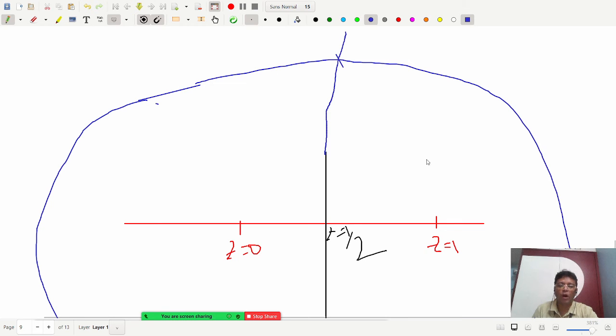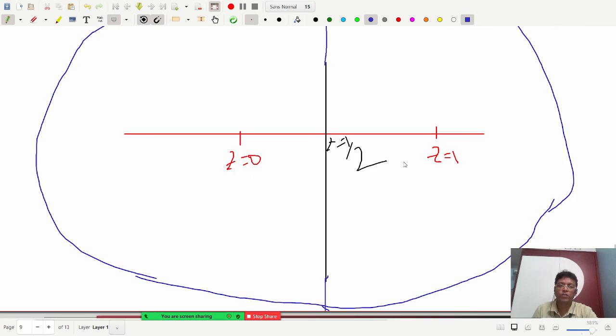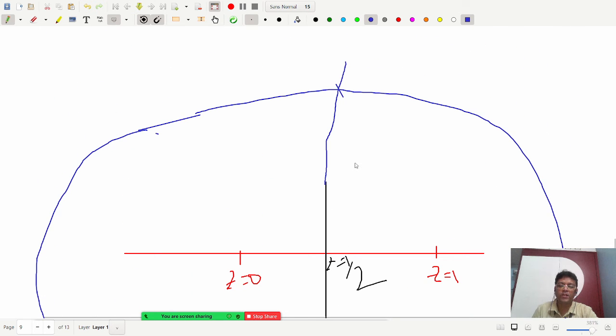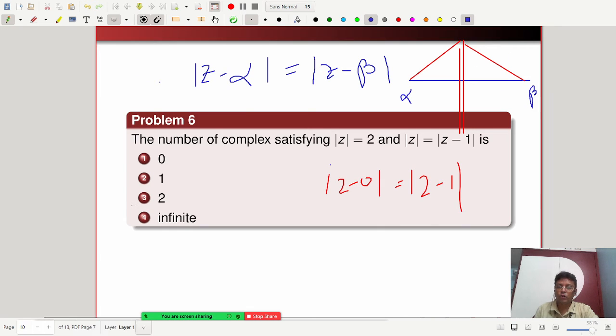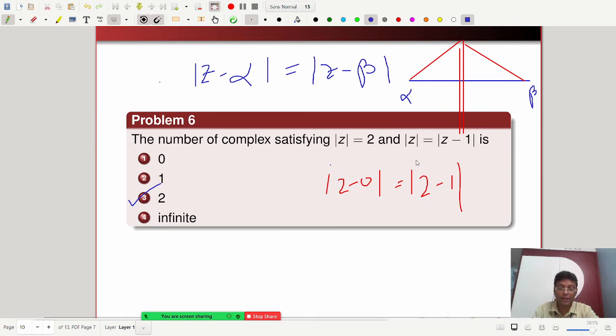It intersects at one point, and here is another point, two points. So the line Re z = half, the bisector connecting 0 and 1, and |z| = 2, the bigger circle with radius 2 and center at 0, have two intersection points. So there are two solutions. Option is C. That is the concept of the bisector and also the circle having a radius and center.